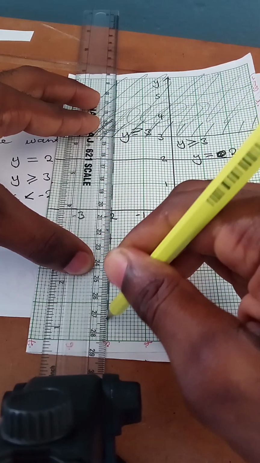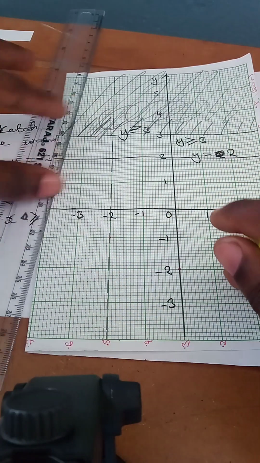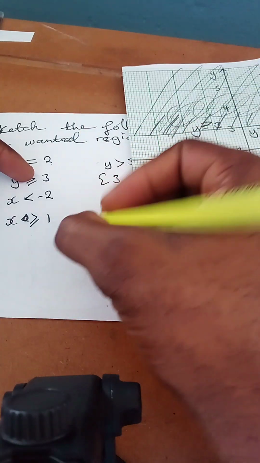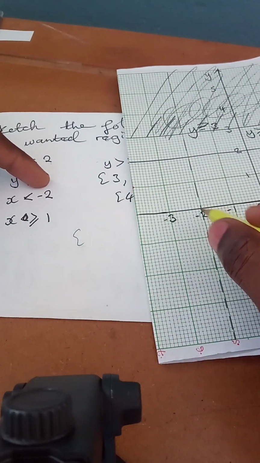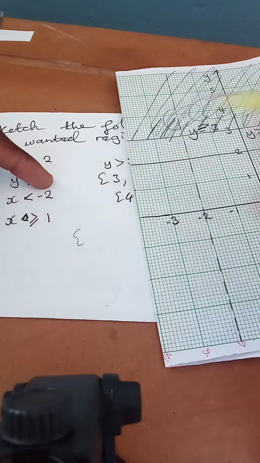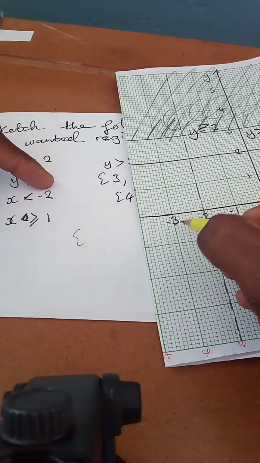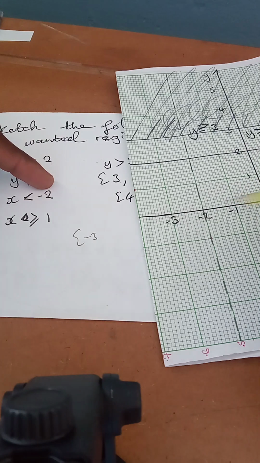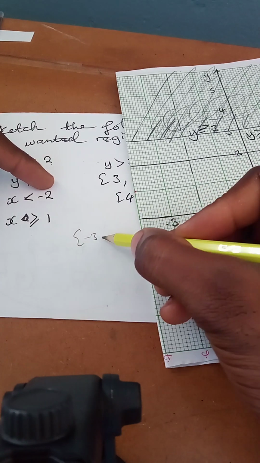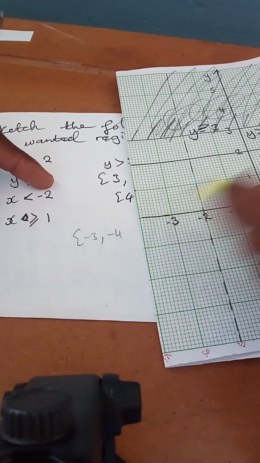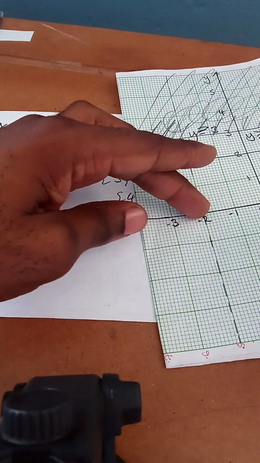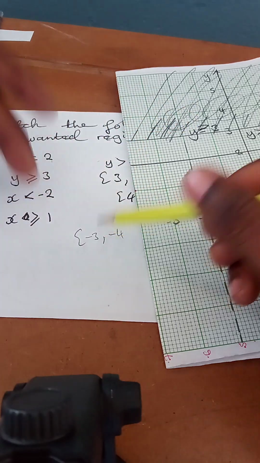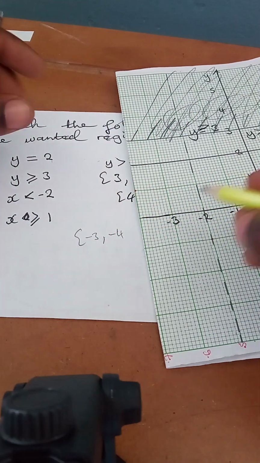And the reason is very simple. You don't want -2 to be part of this solution, because we want all the x numbers which are less than -2. So these numbers are negative 3. Remember how the negative numbers work? So you have negative 3, negative 4, and so on. So the numbers this side are greater than negative 2, and the numbers this side are less than negative 2.